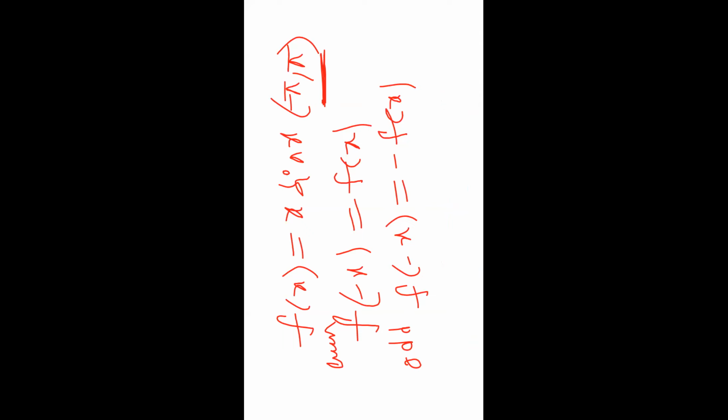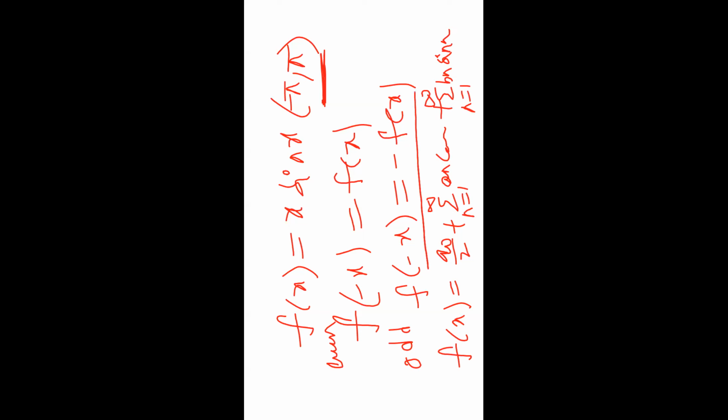Suppose the function is even, then we have to find the half range. f of x equals a naught by 2 plus sigma n equals 1 to infinity a n cos n pi x by L plus sigma n equals 1 to infinity b n sin n pi x by L. In this series we have to separate two parts: the first part is the cosine series and the second part is the sine series.